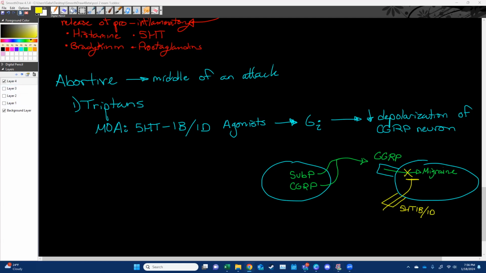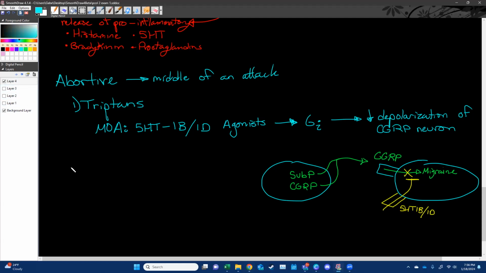So when we look at 1B, specifically, this is going to be found on blood vessels. This is going to vasoconstrict the blood vessels at the base of the skull.